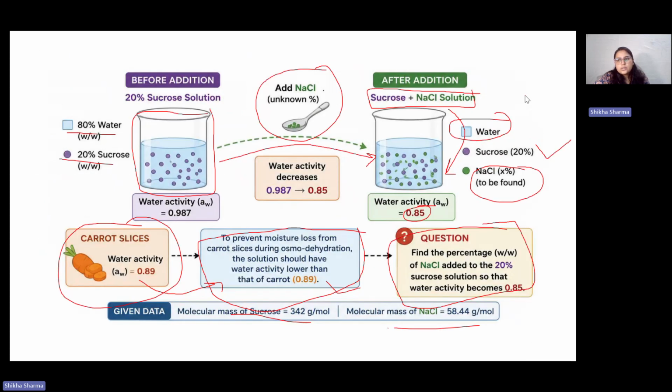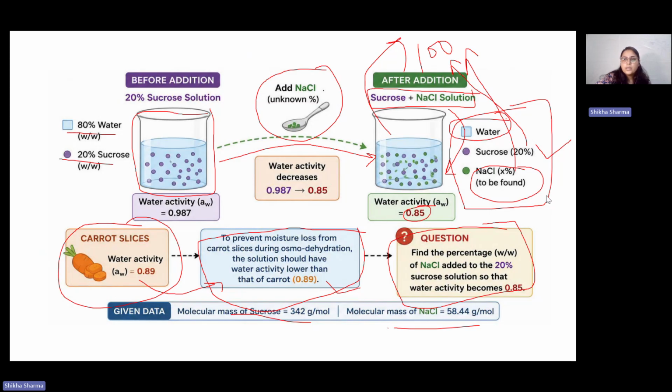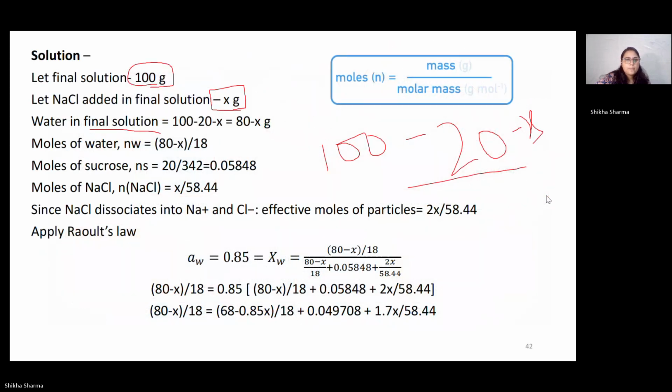Here we are discussing the final solution. This final solution is 100 grams in total, suppose. In this, 20 is the sucrose and X is the NaCl. So 100 minus 20 minus X would be the water. So 100 minus 20 is 80 minus X gram is the water in the final solution.